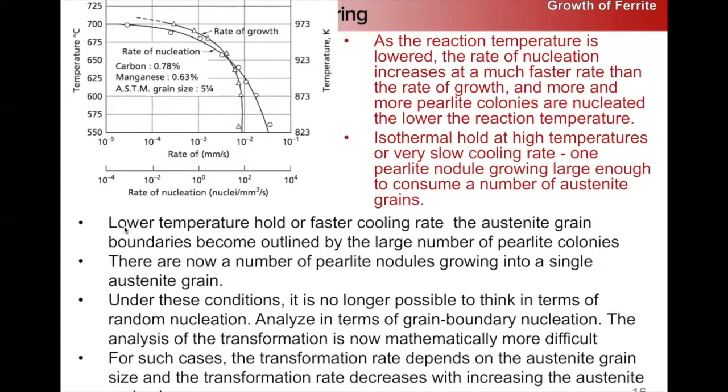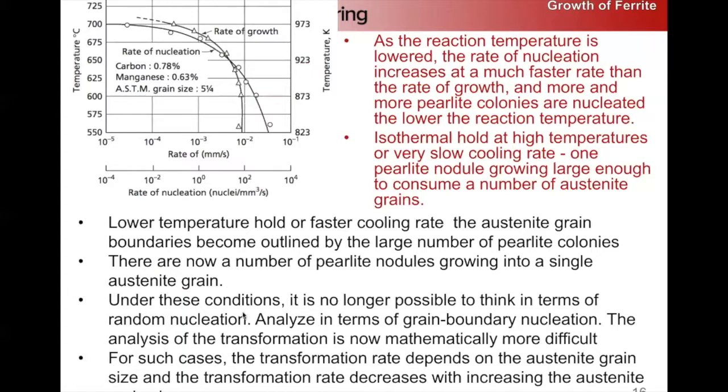The opposite is true if we have a lower temperature hold or a faster cooling rate. The austenite grain boundaries become outlined by a large number of pearlite colonies, right? Nucleation is easy. And they'll grow slower, but they'll grow and impinge on each other. So we will have a number of pearlite nodules that grow into a single austenite grain, right?